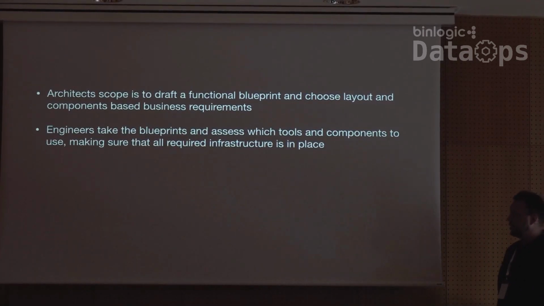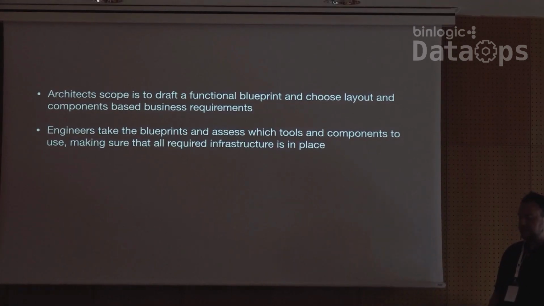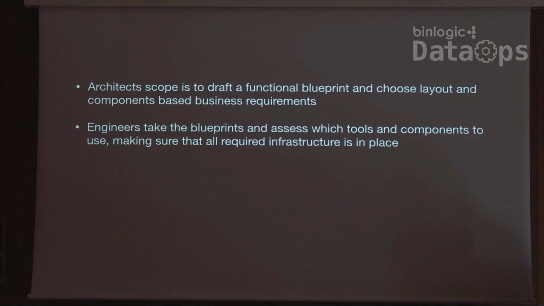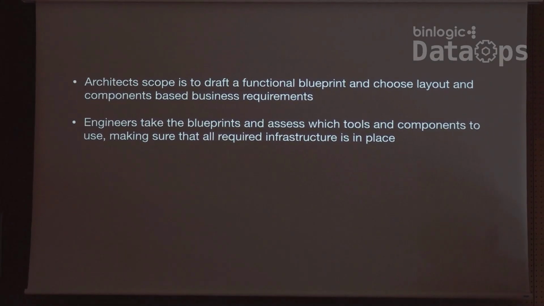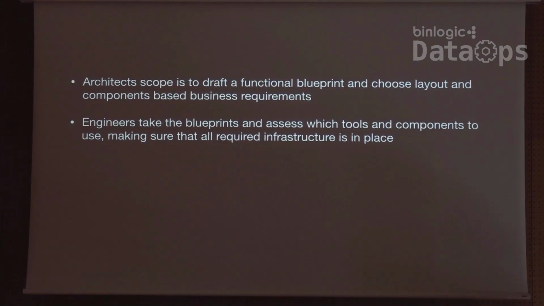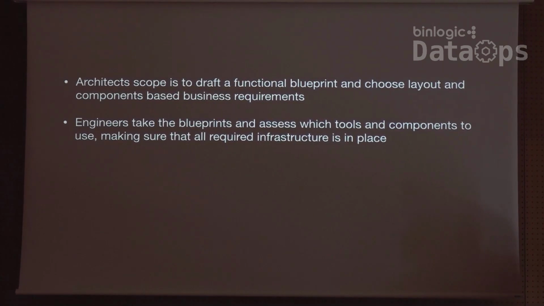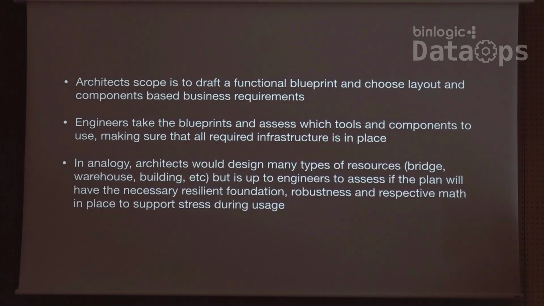And engineers take these blueprints, assess many types of details, select the tools and components to use, and make sure that everything that the architect designed will be in place. In the analogy, architects would design bridges, warehouses, buildings, but it's up to engineers to assess if the plan has the necessary foundation, robustness, and math in place, so it supports stress when it's being used, right?